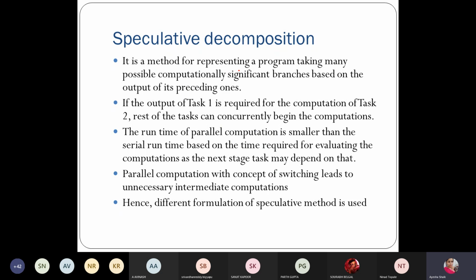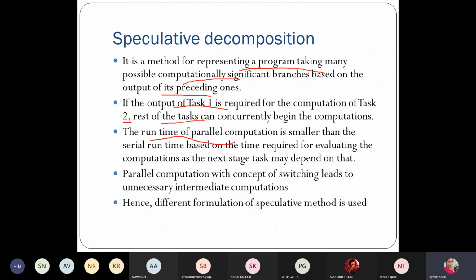It is a method for representing the program, taking many possible computationally significant branches based on the output it is receiving. If the output of task 1 is required for computation of task 2, the rest of the tasks can begin the computation concurrently.